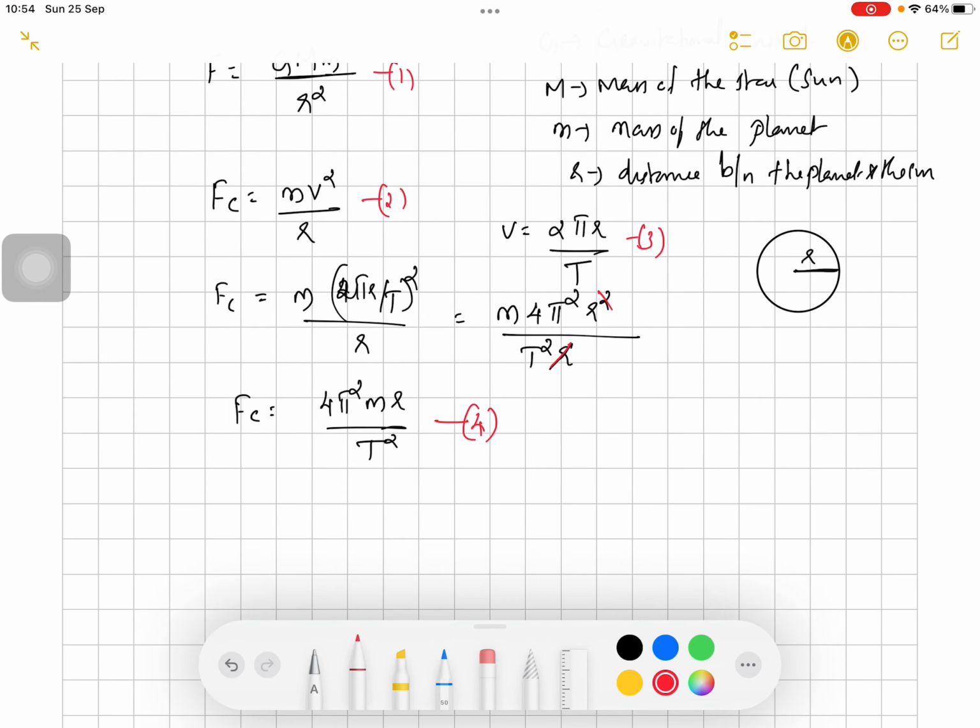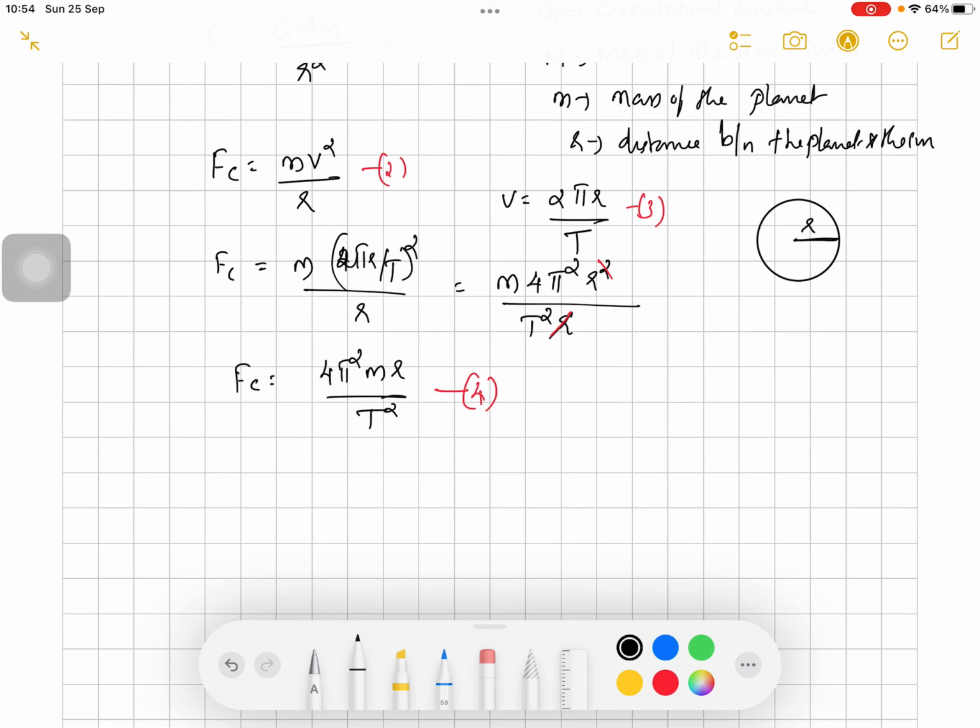And according to the conservation, the gravitational force and the centripetal force are the same. So the gravitational force GMm by r square must be equal to 4 pi square m r by T square.